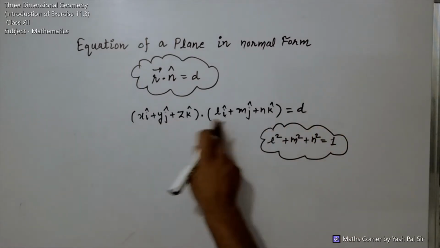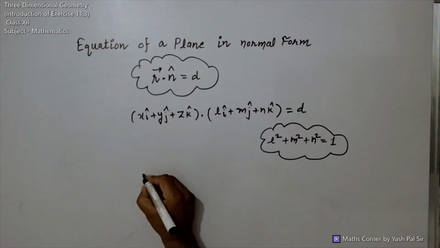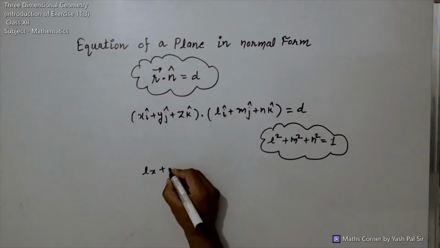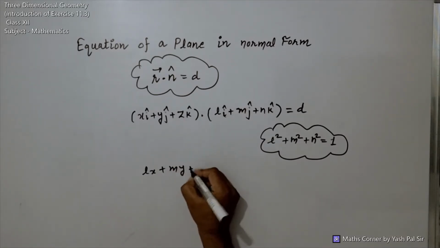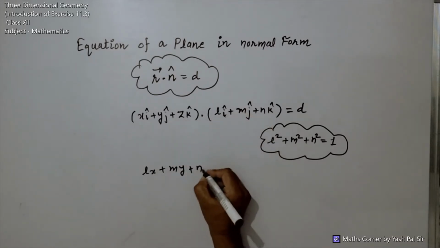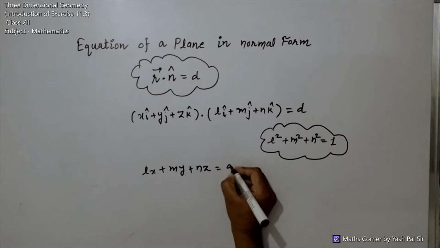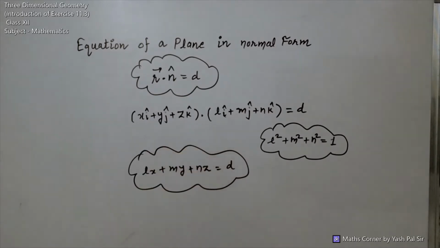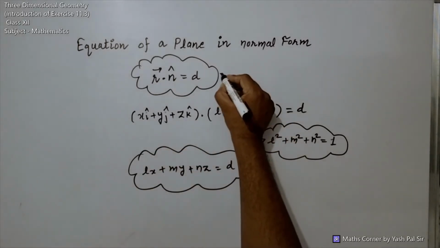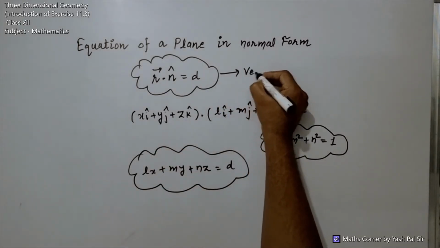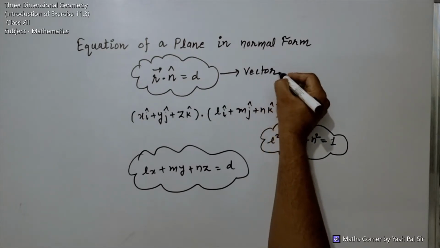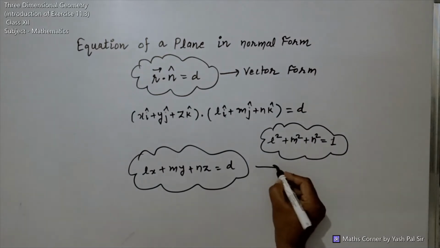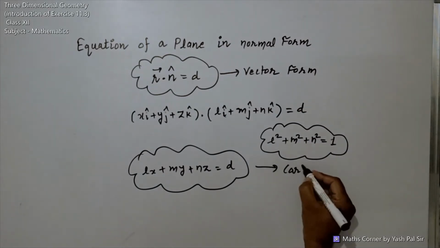Now the dot product says this becomes lx plus my plus nz is equal to d. So this is also the equation of the plane. The first one is called vector form, and the second one is called Cartesian form.